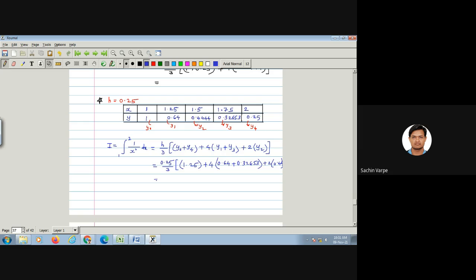So what is the answer? The answer is coming out to be 0.500416. And by actual integration, we may get the value to be 0.5, right?